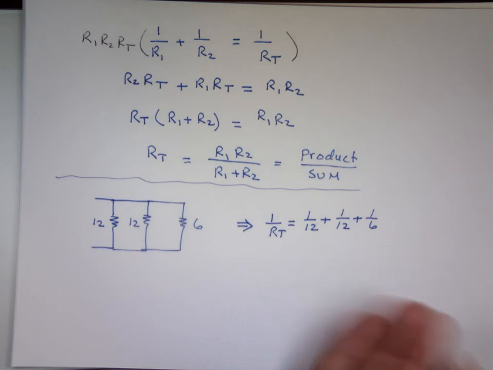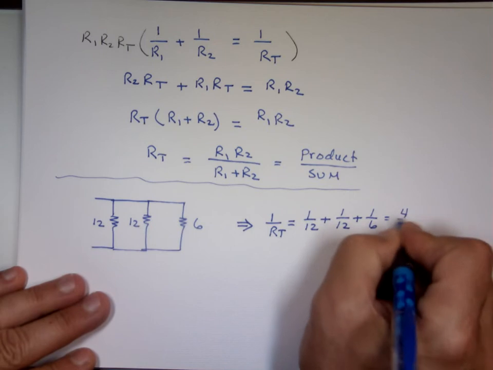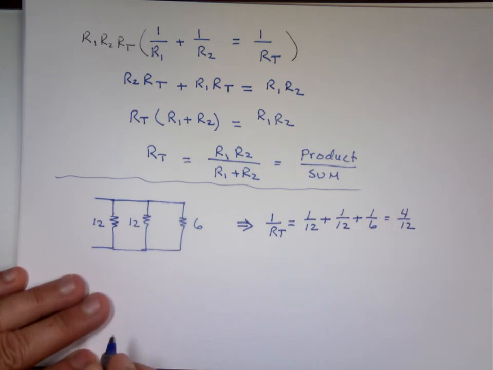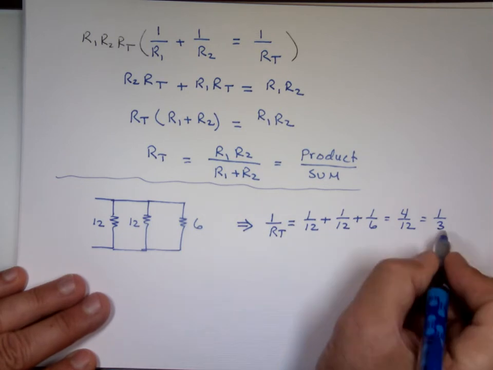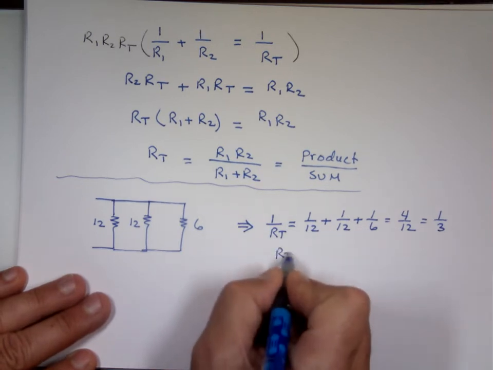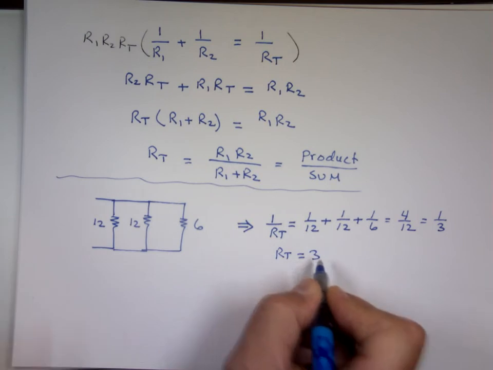That's 2 over 12, 3, 4 over 12, right? Which is what, 1/3? So 1 over RT equals 1/3. What will R sub T have to be? 3. That's one way of doing it.